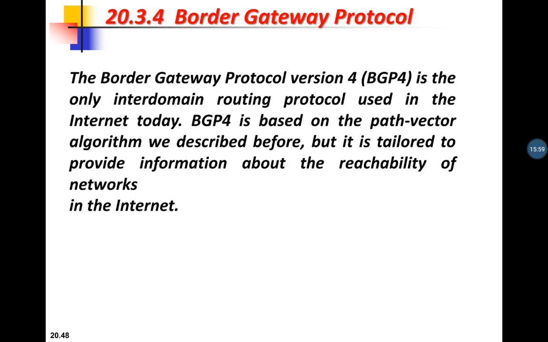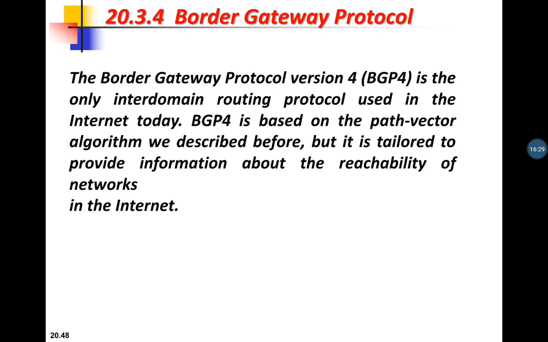We have seen that the Routing Information Protocol and also the Open Shortest Path First protocols are intradomain. This is the interdomain, in between. Border Gateway Protocol is based on the path vector algorithm and it is tailored to provide information about the reachability of the networks in the internet.